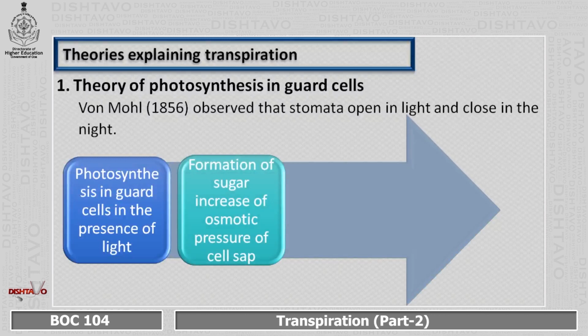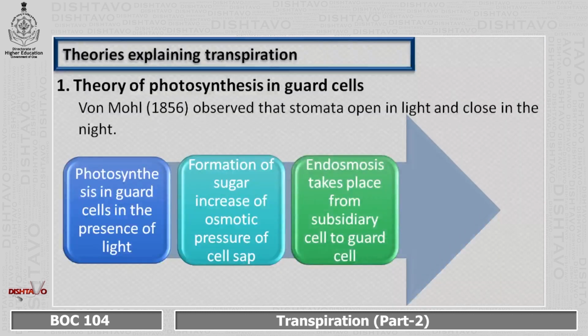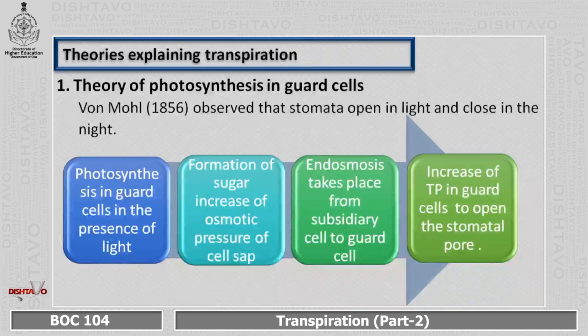This leads to the formation of carbohydrates, which increases the osmotic pressure of the cell sap. Thus, it leads to endosmosis, wherein the water moves inside the guard cells, thus making them turgid. It increases the turgor pressure in the guard cells to open the stomatal pore.